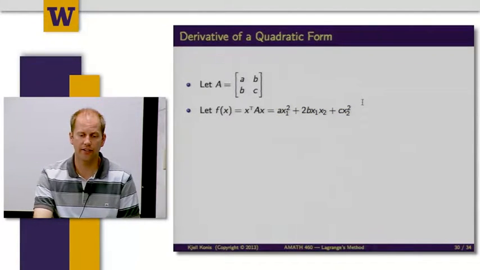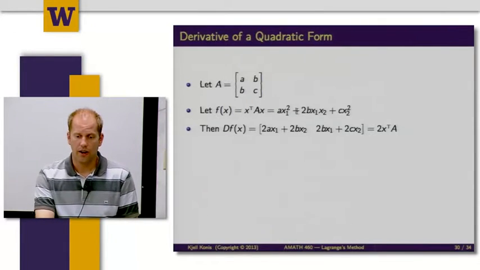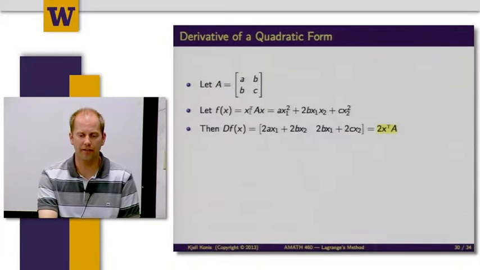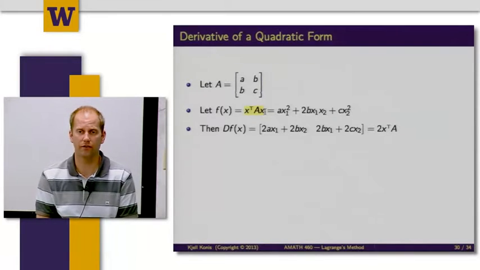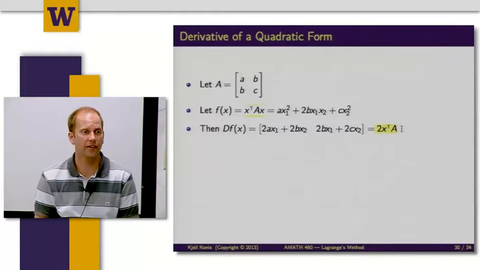If I take the derivative of that, so the partial derivatives of this, I end up getting 2x transpose A. So it makes sense because this x transpose Ax is the matrix equivalent of what a single variable function would have as a x squared. If I take the derivative of a function that's equal to a x squared, I get 2ax. And so that's pretty much what I've got here, except I just have to respect the order of operations so that I get the right answer that I want.